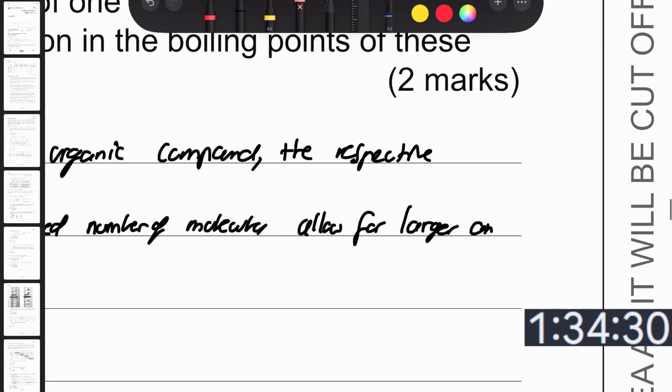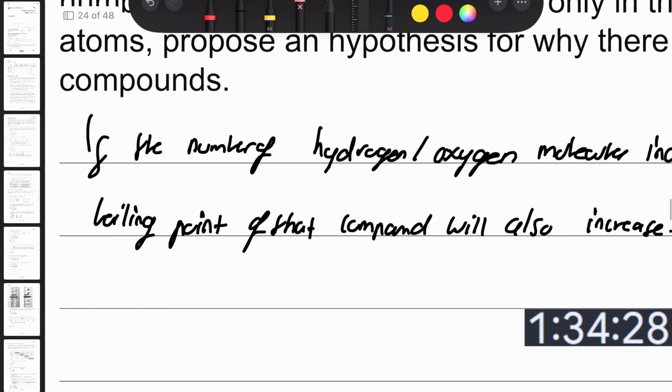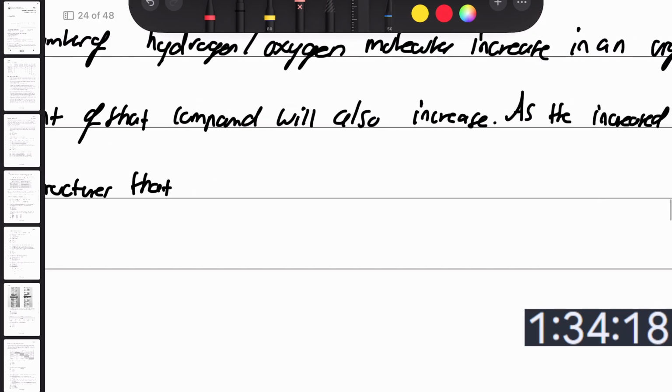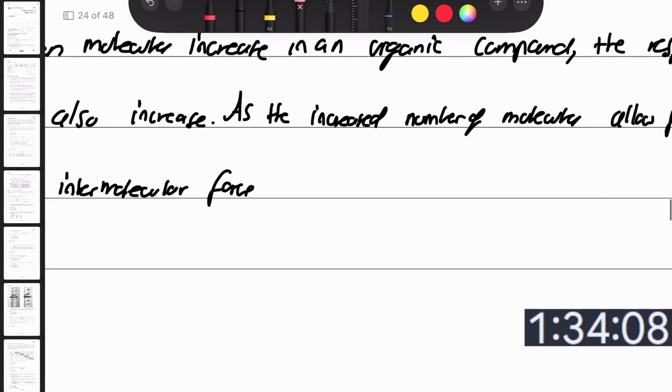For larger structures that have stronger intermolecular forces between themselves.